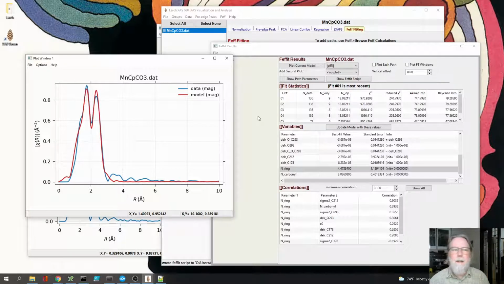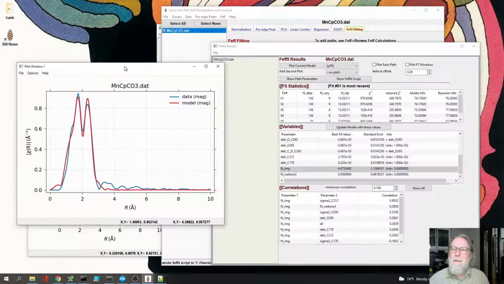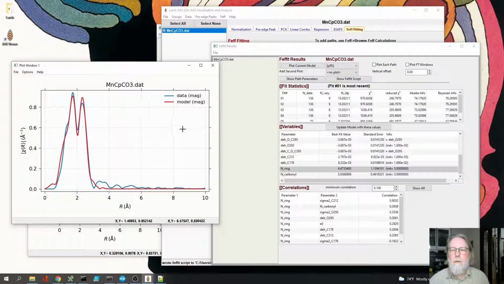So I hope that scares you a little bit into thinking about doing XAFS on complicated molecules. Then again, this worked. So once we got it right, once we included the fact that it had carbonyls and what that meant for modeling the data, once we included that, even with kind of noisy data from actually a long time ago, it worked out.